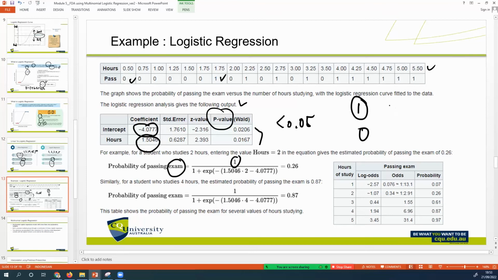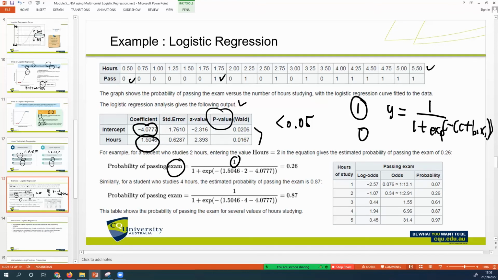Y is equal to 1 divided by 1 plus exponential with the power of minus C plus B1 X1, etc. This is the probability of passing the exam. The previous model is log of y divided by 1 minus y is equal to C plus B1 X1. It goes like this: y is equal to 1 divided by 1 plus exponential by the power of minus constant plus beta 1 X1, etc.